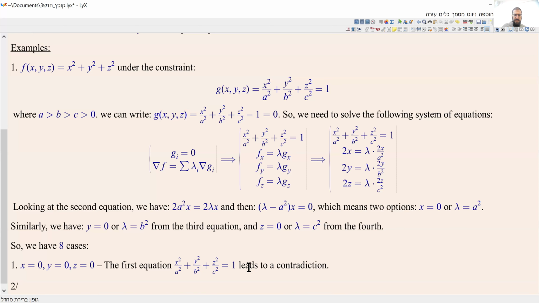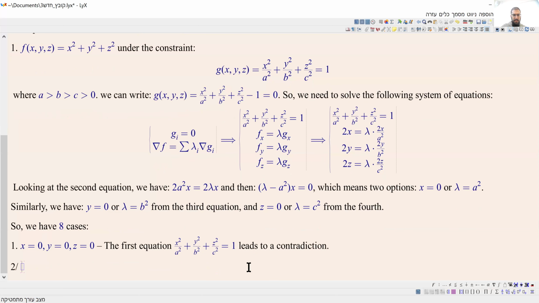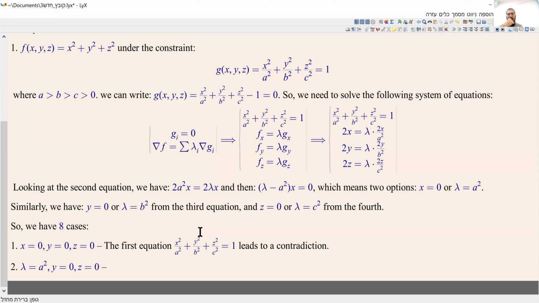Okay, second case, let's say lambda is a squared and y and z are 0. What do we get here?